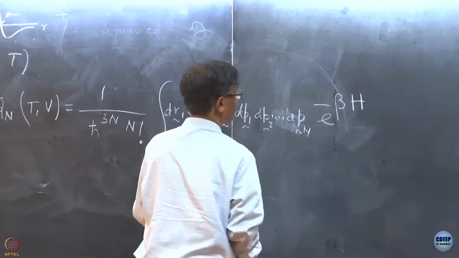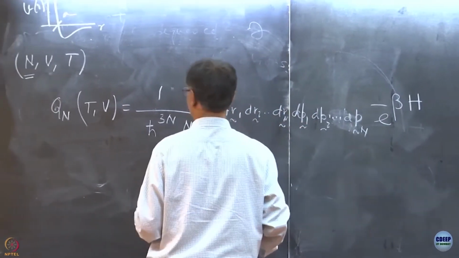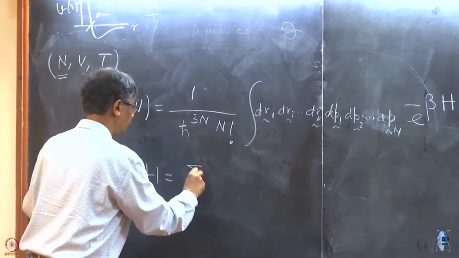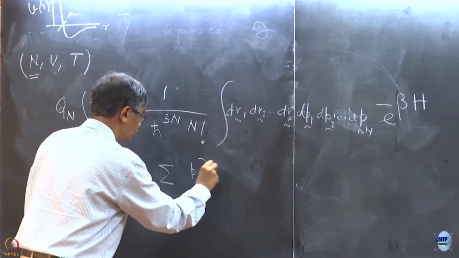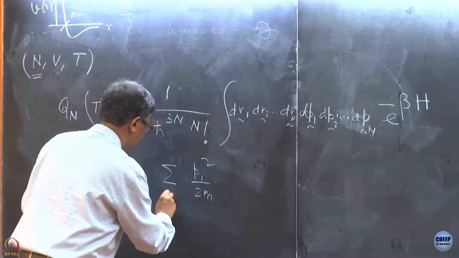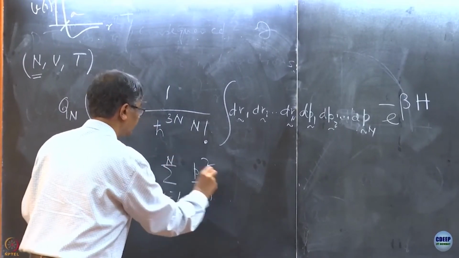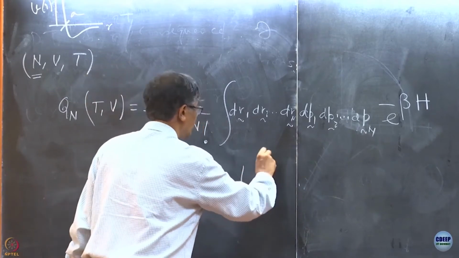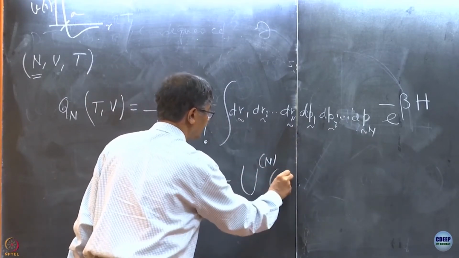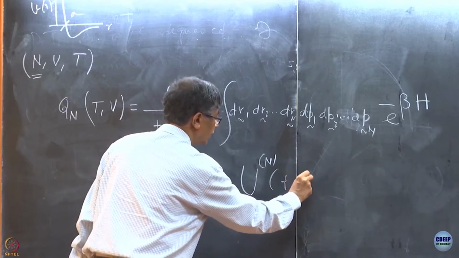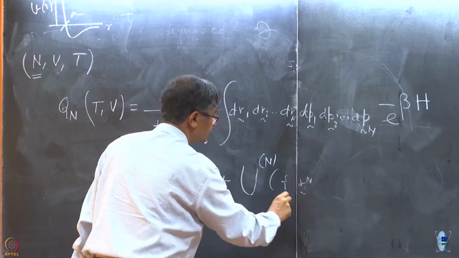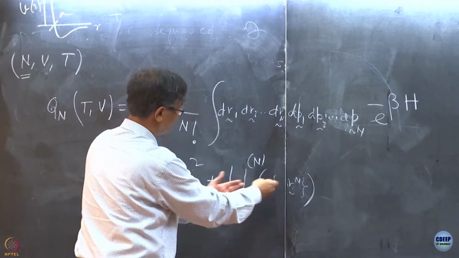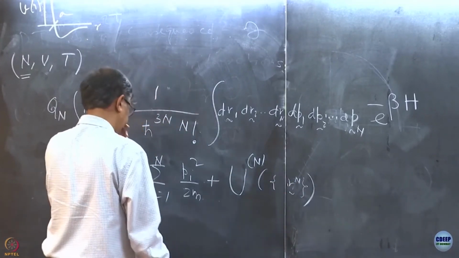which is the Hamiltonian, right? And the Hamiltonian is the sum over, I assume all of them have the same mass, i equal to 1 to N. Then I have the interaction potential, U, the N-particle interaction potential that depends on R. This is a notation I told you, which means it depends on N particles.